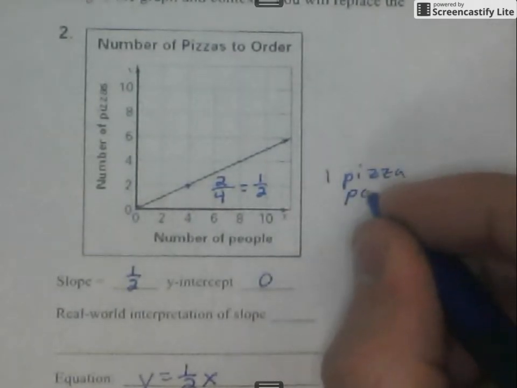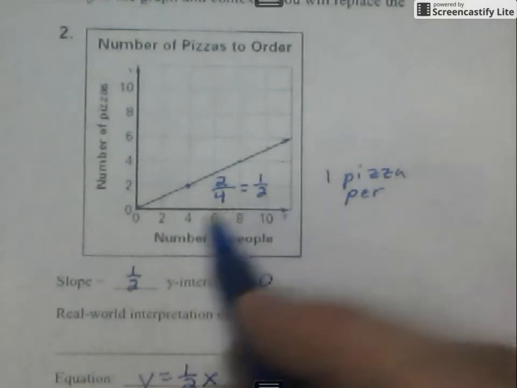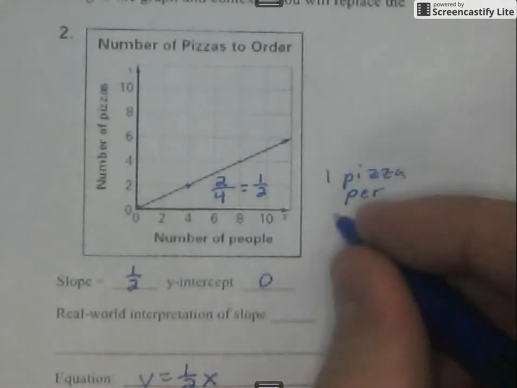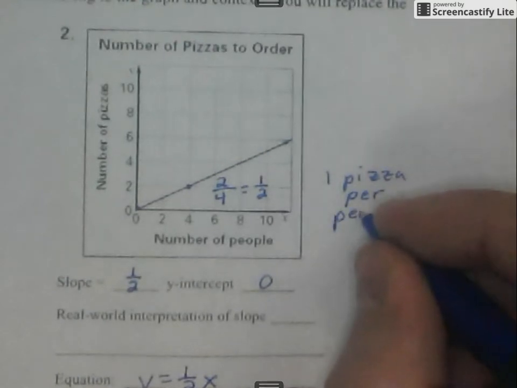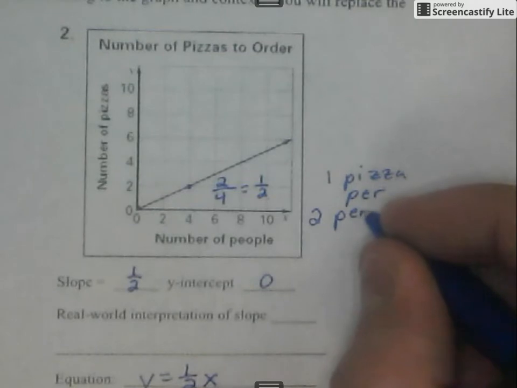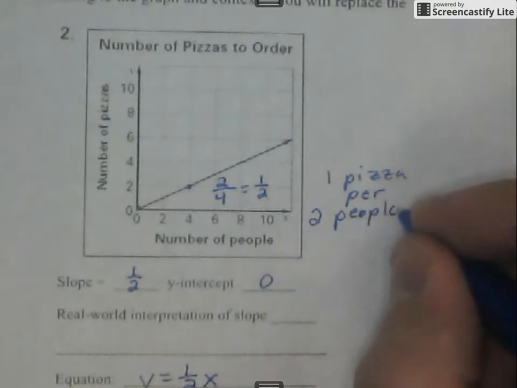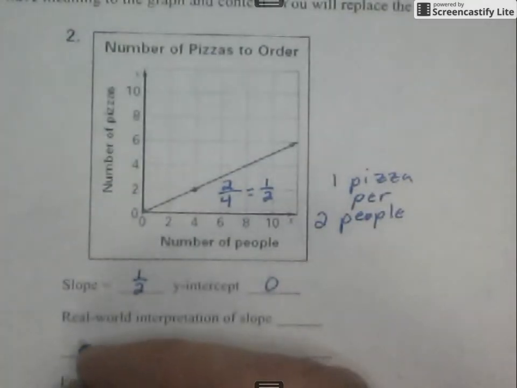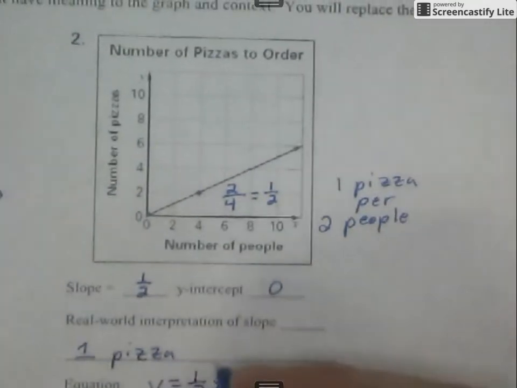And on the bottom, we have the x-axis, which is the number of people. So 1 pizza per 2 people. Not 1 person, but 2 people. So there's 1 pizza per 2 people.